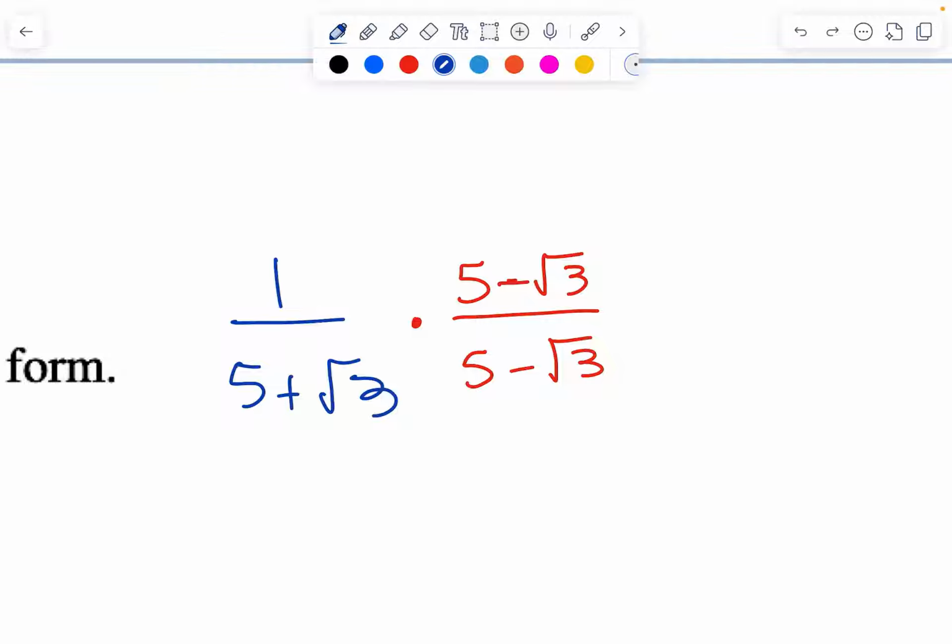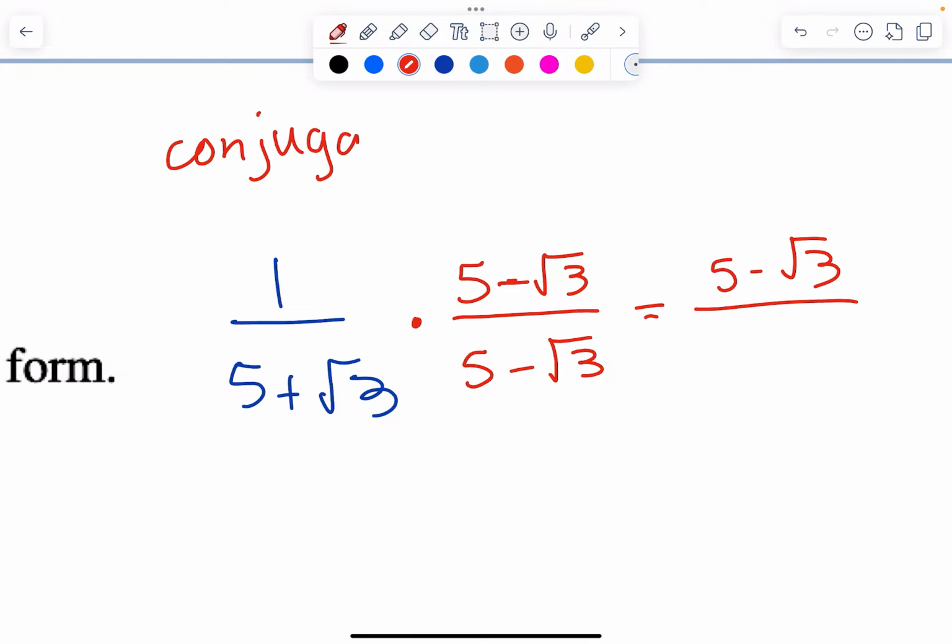It's not too bad. You do 5 minus root 3 times 1, which is just 5 minus root 3. Here, we have to FOIL, but remember, whenever we're doing conjugates, we don't have to do every part of FOIL. I don't particularly like FOIL, but I know that a lot of you do, so that's why I'm using this. For FOIL, we do first, outer, inner, last.